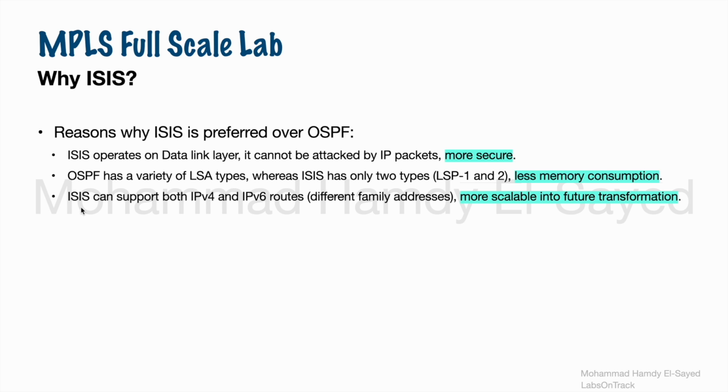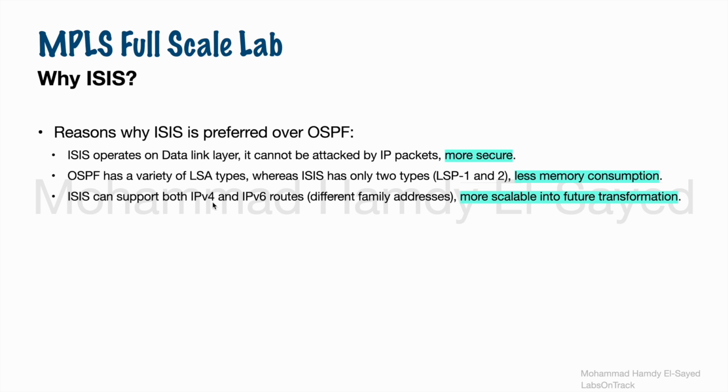The third reason is that ISIS can support both IPv4 and IPv6 routes with different address families. So ISIS is more scalable into future transformation than OSPF, because with OSPF there are 2 separate routing protocols for IPv4 and IPv6.